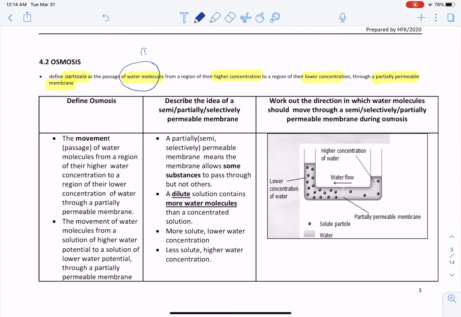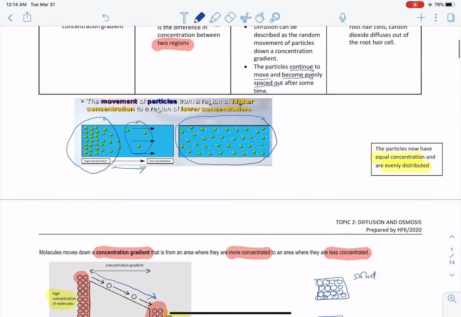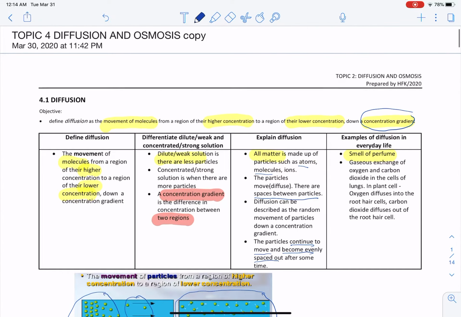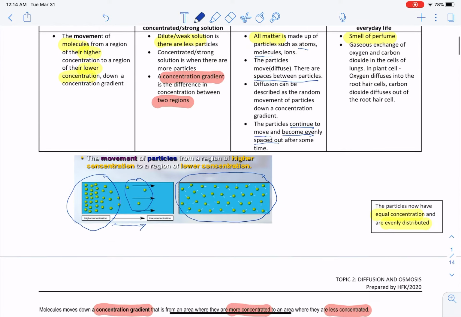You have to remember water molecules, higher to low concentration, the second condition, and partially permeable membrane, that's the third condition. Whereas if you look at diffusion, it's the movement of any molecules from higher concentration to low concentration. It doesn't need any partially permeable membrane.